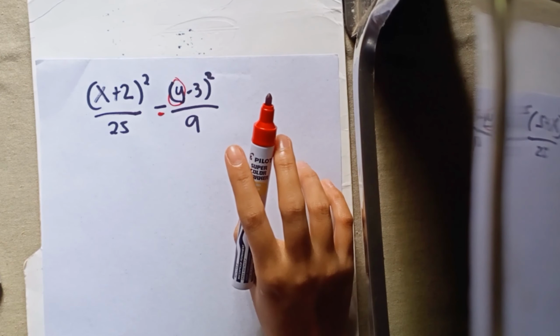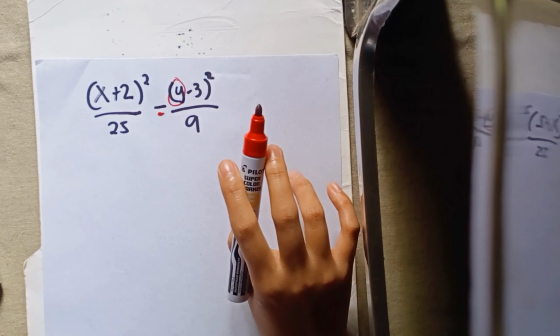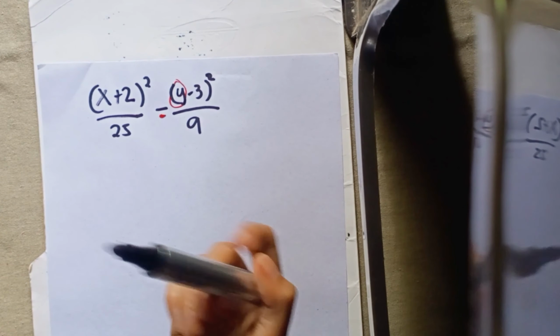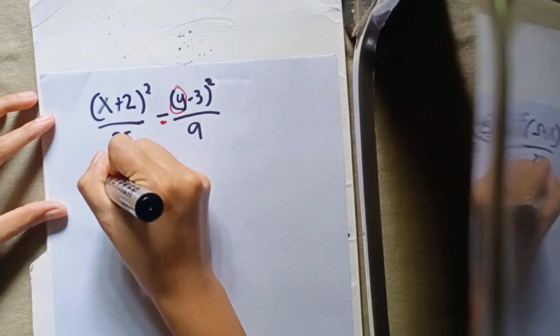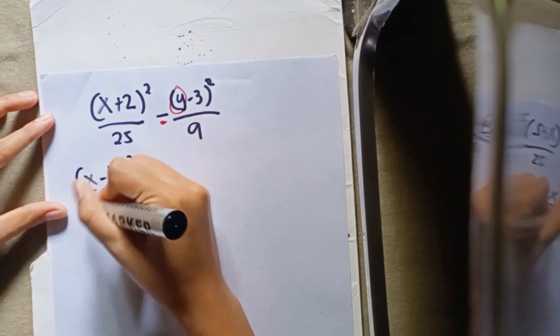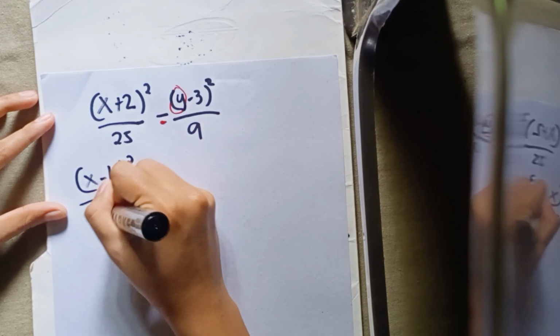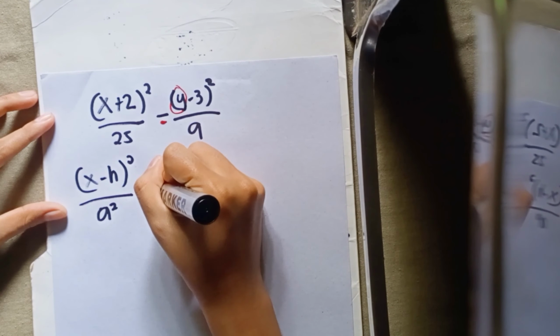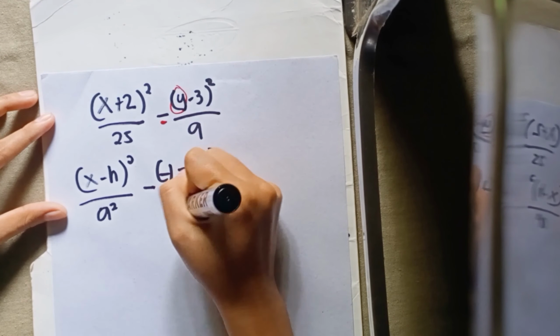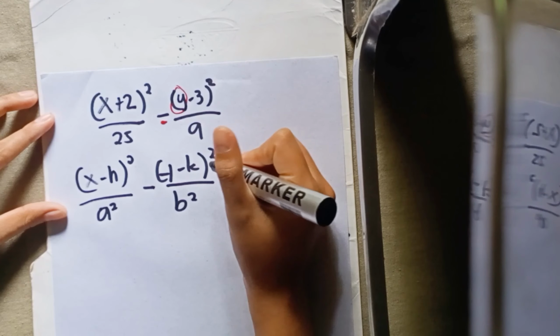So for the hyperbola with horizontal focal axis, we will use the equation quantity of x minus h squared over a squared minus quantity of y minus k squared over b squared equals 1.